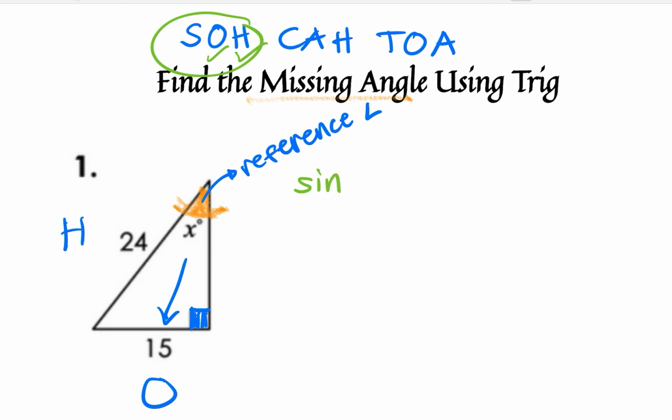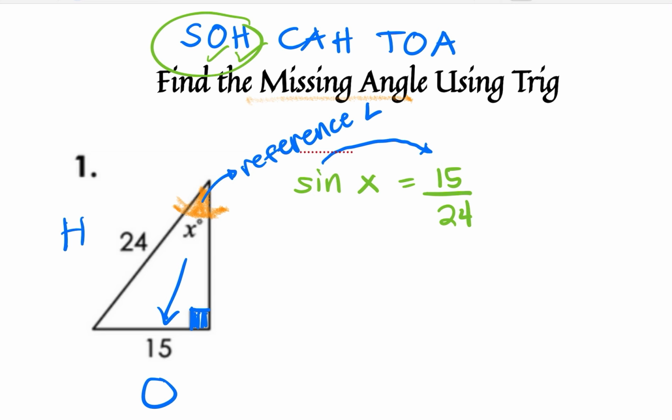So sine x, where x is the missing angle, equals opposite over hypotenuse. 15 is opposite, and the hypotenuse is 24, so 24 goes as our denominator. Because we're trying to find x by itself, we're going to move sine to the other side.